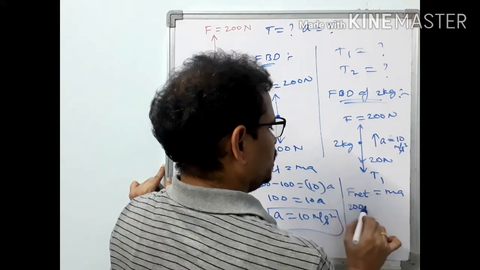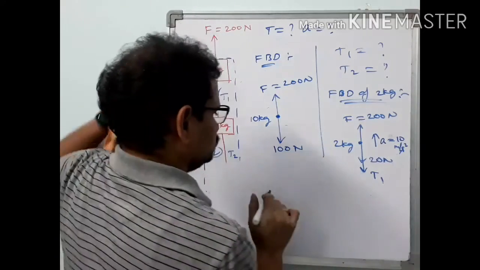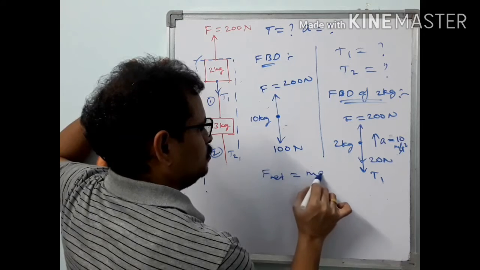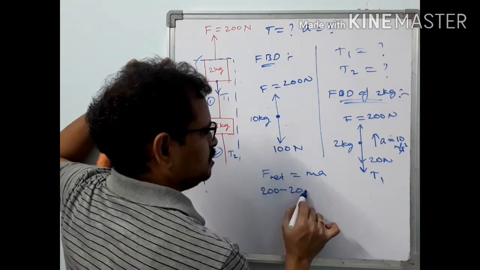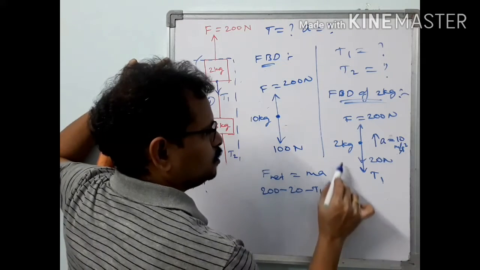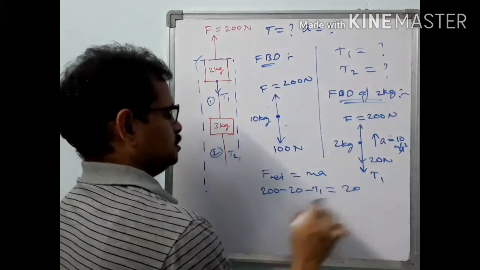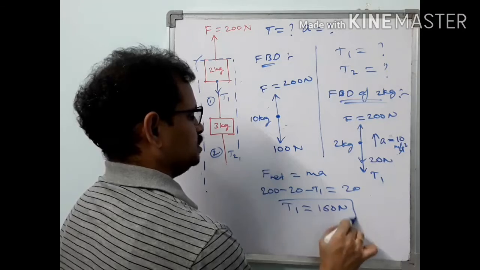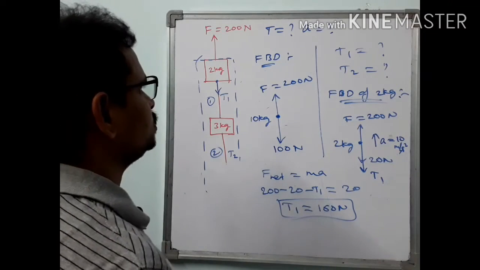So F net equals MA: 200 minus 20 newtons minus T1 equals 20 newtons. So T1 comes to this side, 160 newtons. So T1 is 160 newtons.